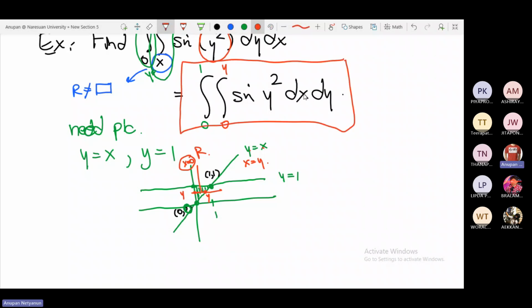Because now, see, if you start with the integration with respect to x, everything in here is a constant. So then you can do the integration now with no problems. So, any questions?